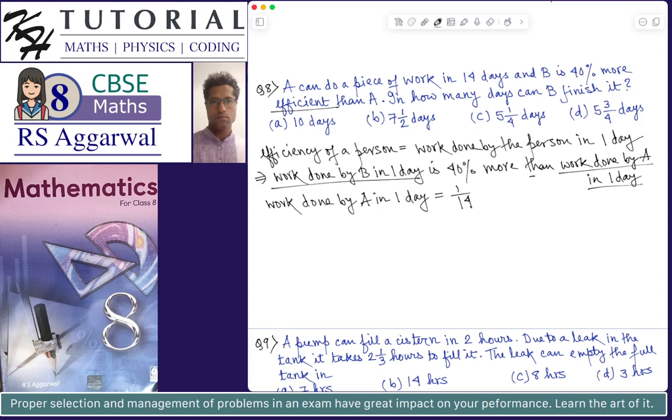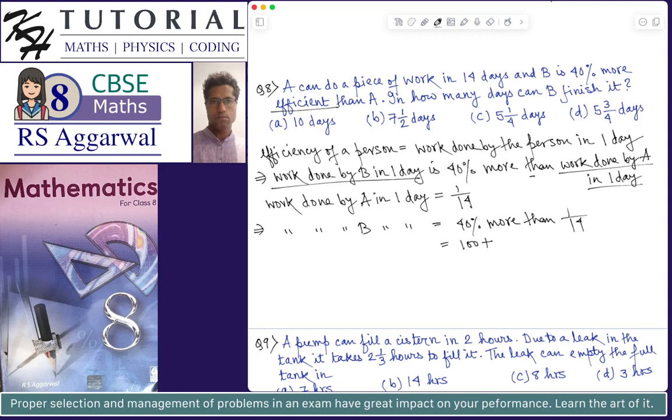This implies work done by B in 1 day will be 40% more than 1 by 14, because 1 by 14 is the efficiency of A. So the work done by B in 1 day, which is basically the efficiency of B, will be 40% more than 1 by 14.